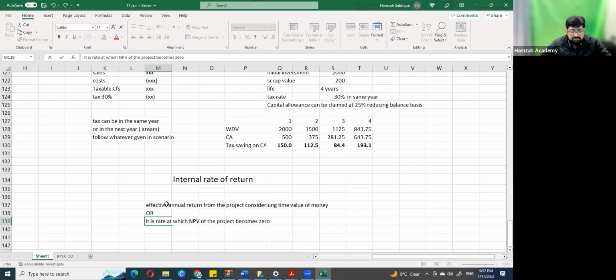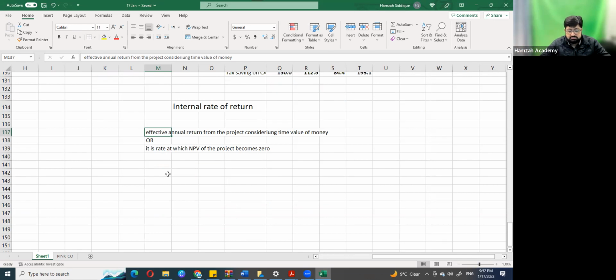So, when the return is deducted from the project cash flows, what remains? Initial investment, which has to be repaid. So IRR, the formula is based on two NPVs we need to calculate.